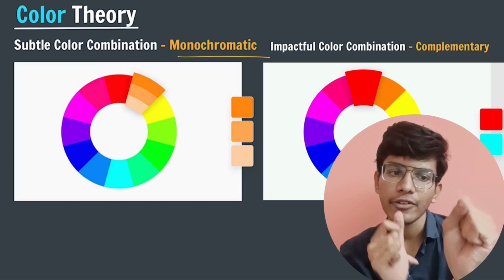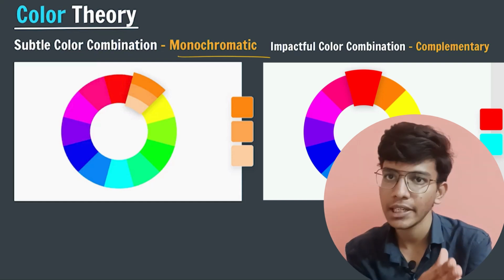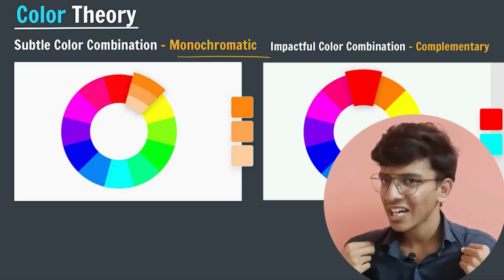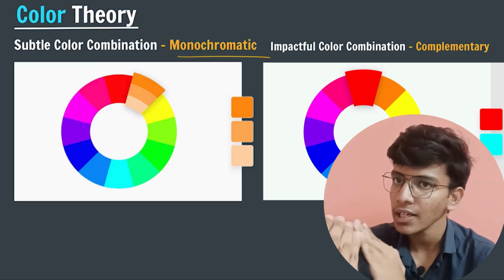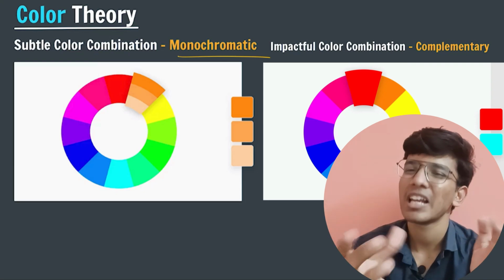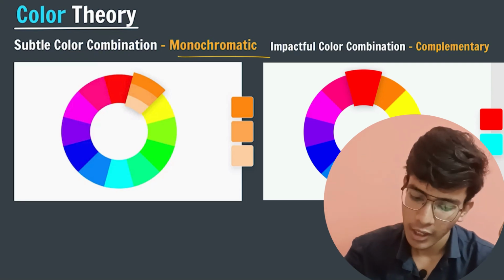For example, if a particular blue color has very high intensity, then we call it dark blue. The shirt I am wearing is, I think, dark blue. So if the intensity of a particular color is very high, we call it dark blue. If the intensity is kind of low, then we call it light blue, sky blue, whatever.